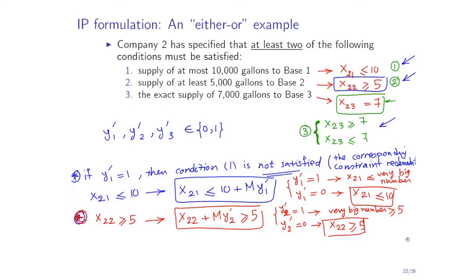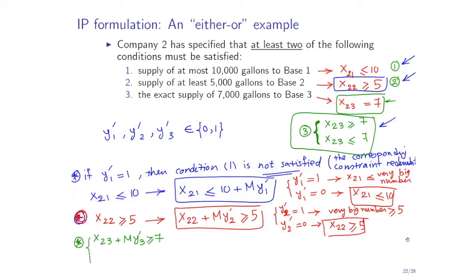Now let's do the same with the last set of constraints. This is the constraint of condition 3. So I have x23, and I'm going to use y prime 3 in order to make this redundant: x23 plus M y prime 3 greater than or equal to 7.